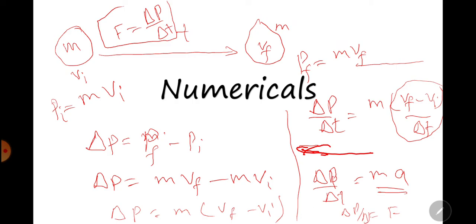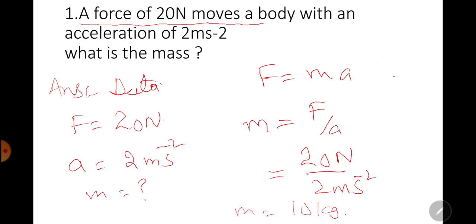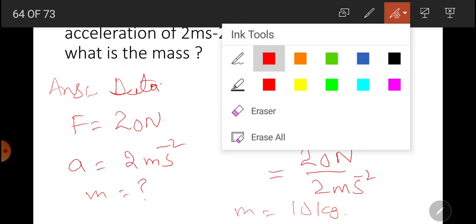Now the law of conservation of momentum states that the momentum of an isolated system always remains constant. Momentum before collision is equal to momentum of the system after collision.